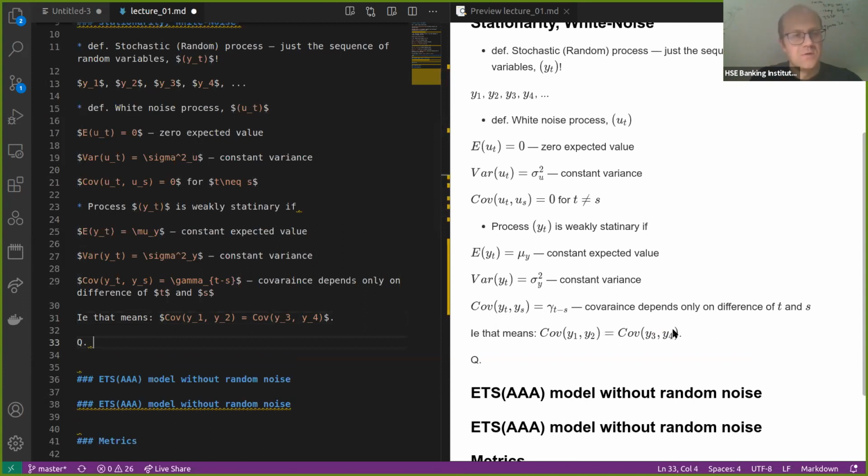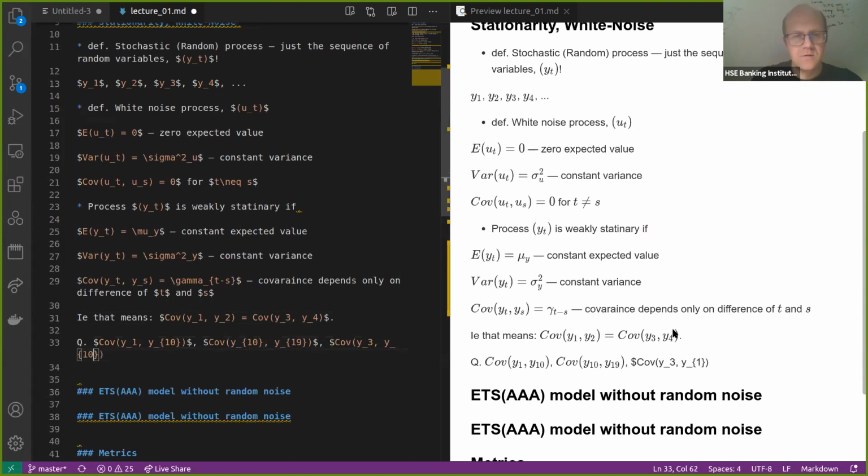I will provide you two covariances: covariance of y1 and y10, covariance of y2, y10 and, let's say, y19, and covariance of y3 and y10. Which two covariances should be equal in a stationary process, in a weakly stationary process?